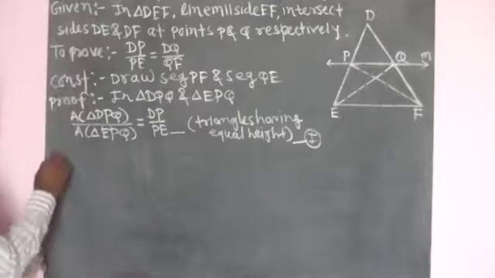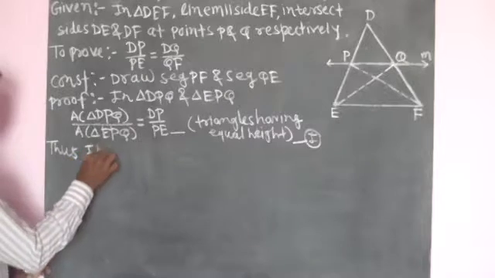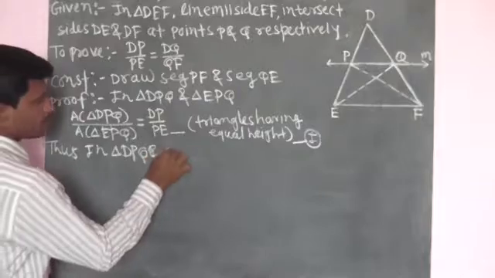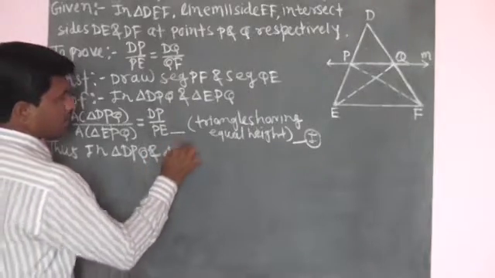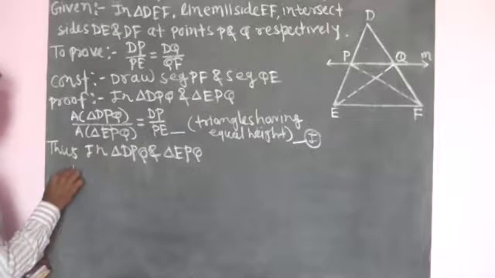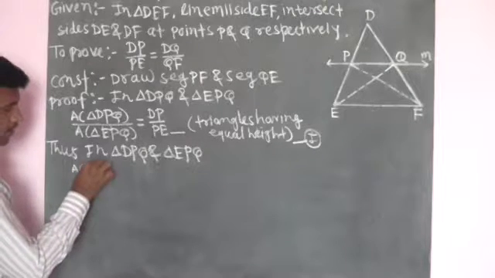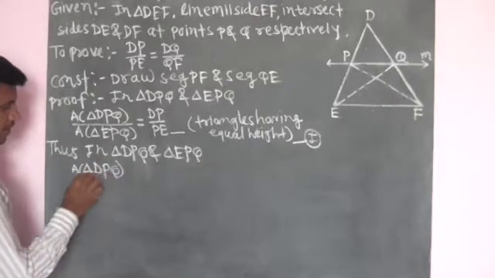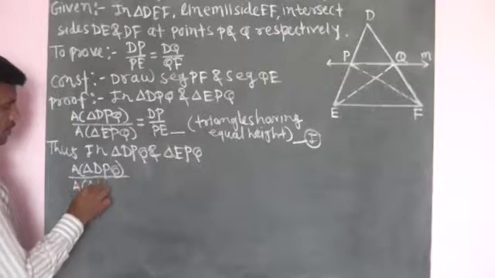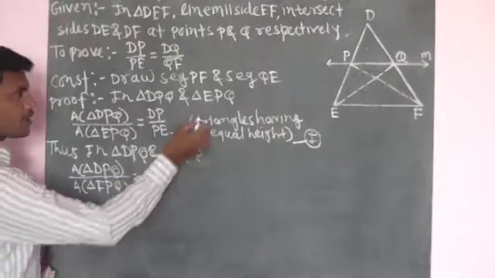Now in triangle DPQ and triangle FPQ, by the property of ratios of areas of two triangles, area of triangle DPQ upon area of triangle FPQ is equal to the ratio of their corresponding bases.